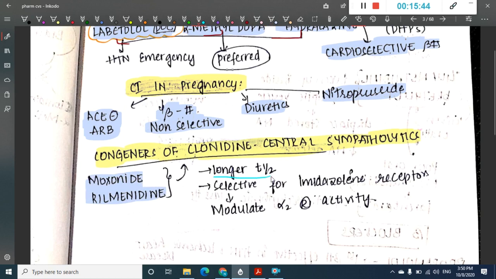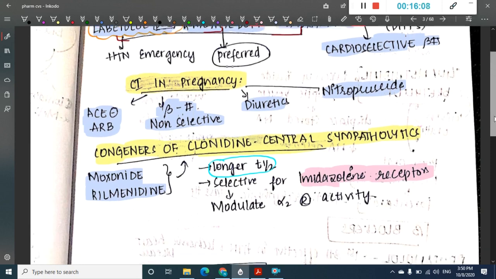These drugs have a longer half-life when compared to clonidine, and they are mainly selective for imidazoline receptors and thus modulate alpha 2 receptor activity.